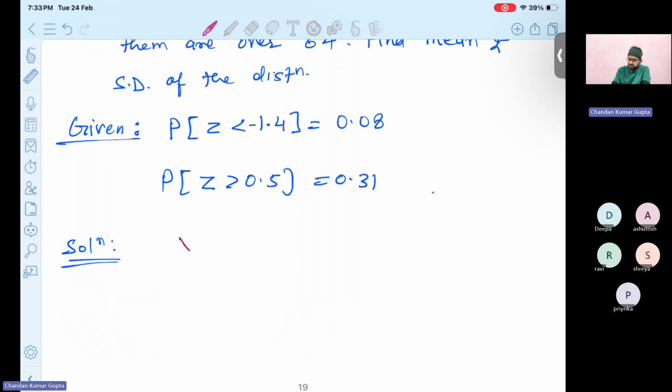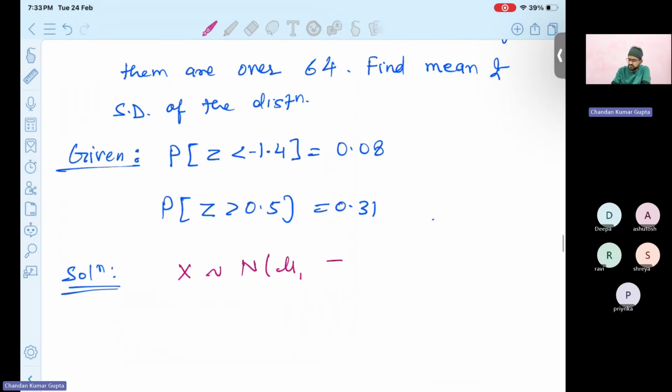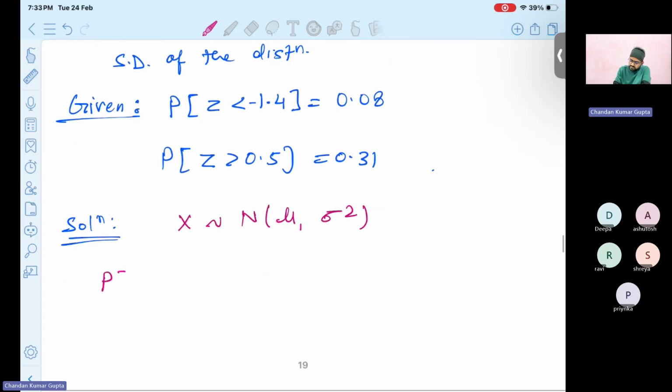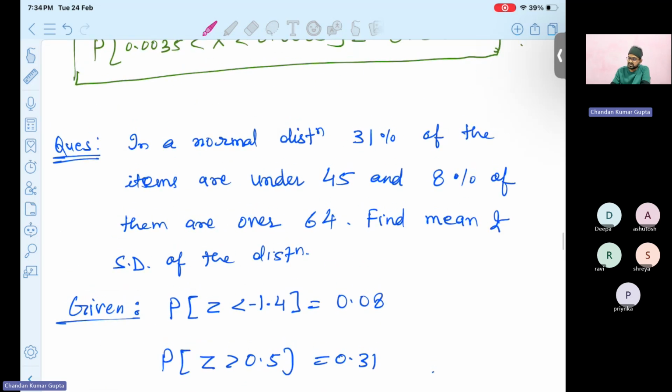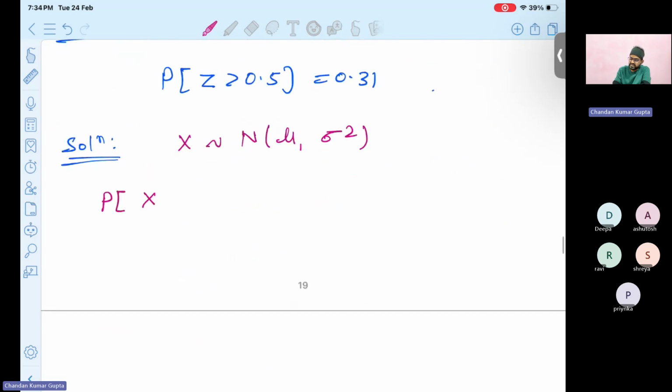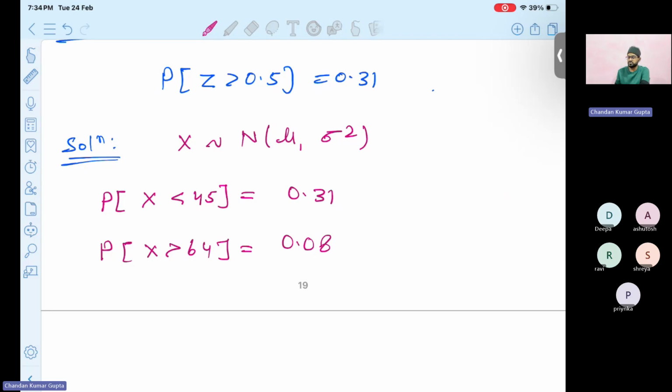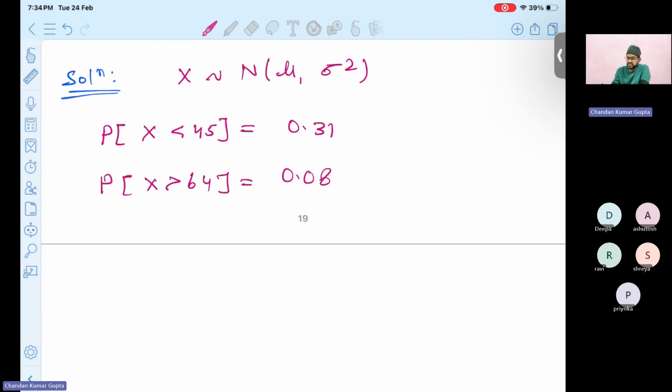We are given that x follows a normal distribution with mean mu and variance sigma squared. We are also given that the probability that x is less than 45 is 0.31, and the probability that x is greater than 64 is 0.08. Let's take them one by one.